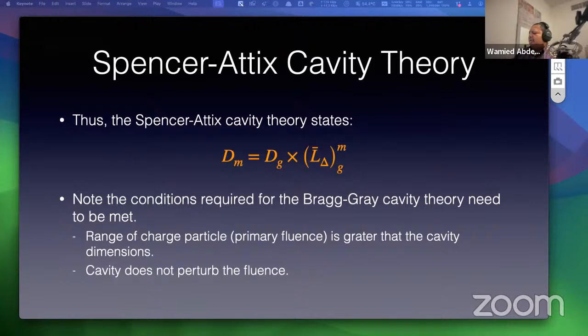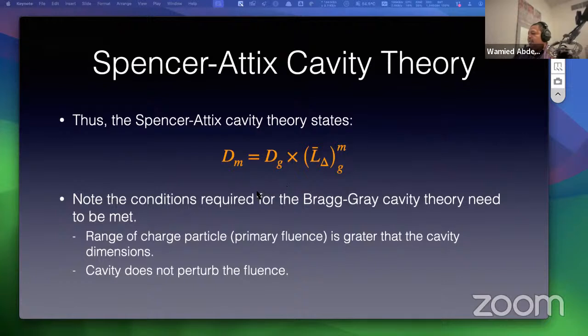However, Spencer-Attix cavity theory states that in order to get the dose more accurately, one needs to use the restricted collision stopping power of the medium to that of the gas. And as I mentioned, this delta, this cutoff energy, will depend on the problem at hand, depending on the size of our dosimeter.